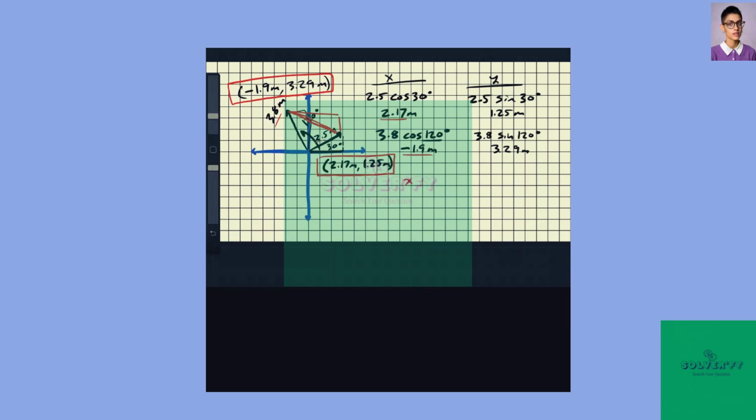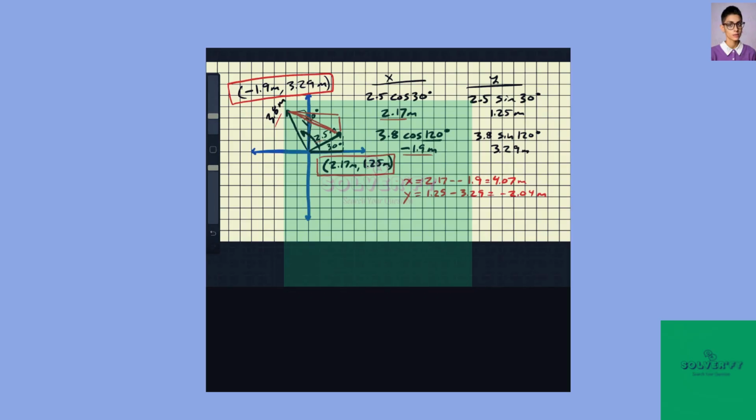And so our x displacement is going to be 2.17 minus minus 1.9. So we add it, and that gives us 4.07. The y value is going to be 1.25 minus 3.29, which is minus 2.04.